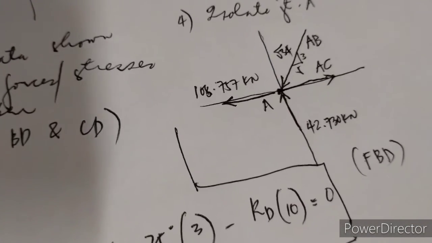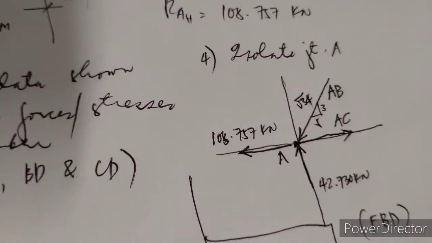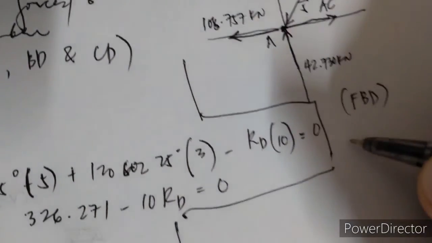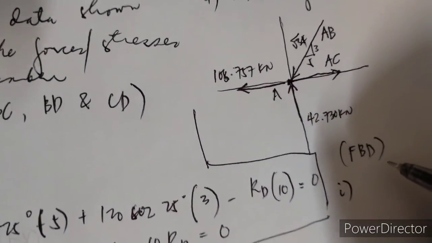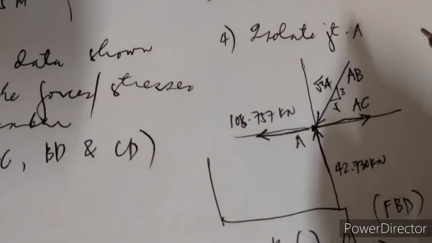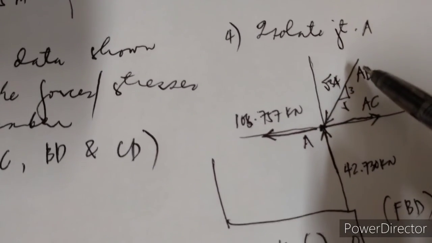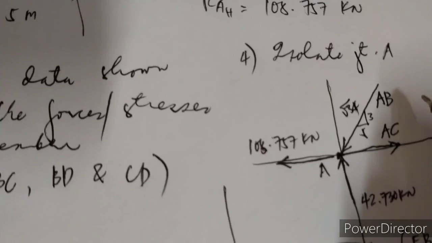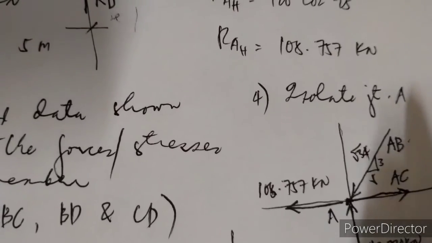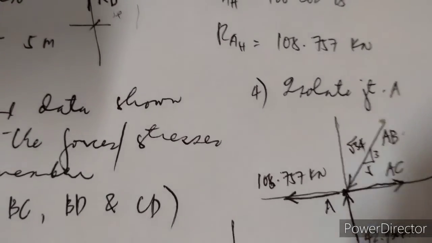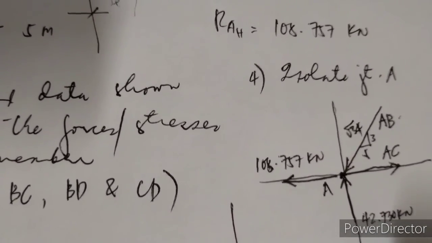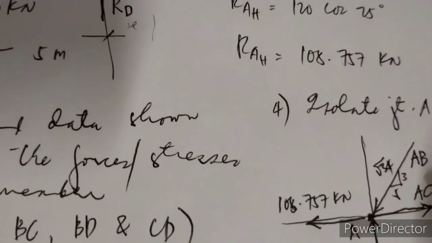For us to come up with the correct answer, we need to consider what we are going to use: summation of forces horizontal or summation of forces vertical? If you use summation of forces vertical, there will be two unknowns in one equation, or we can simply use summation of forces horizontal equal to 0, positive to the right, because we are going to investigate.